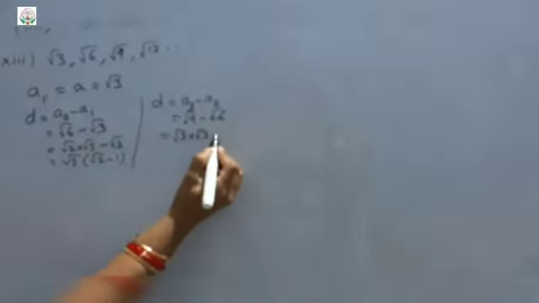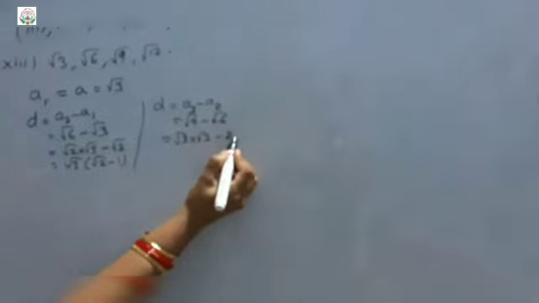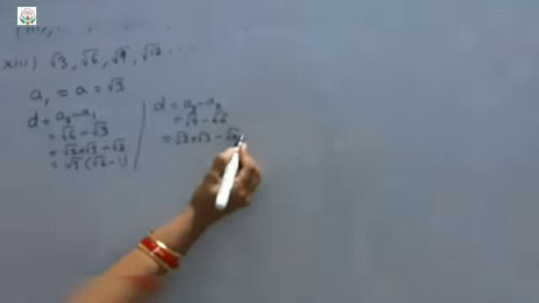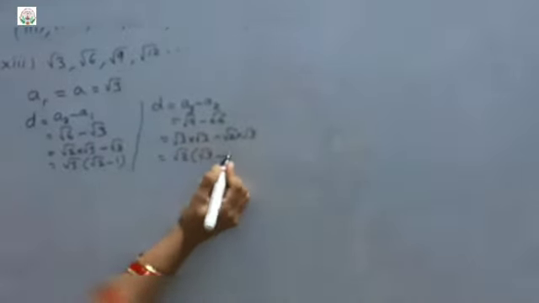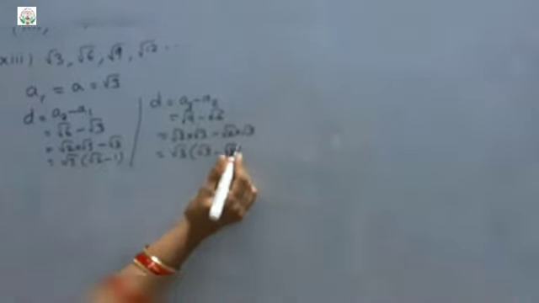So this root 9 I can write, you know that 9 is a perfect square of 3, so 3 will come out. That 3 I can write as root 3 into root 3. Then minus root 2 into root 3. So now in both the cases root 3 is common. So take that. Now what is left out? Root 3 minus root 2.